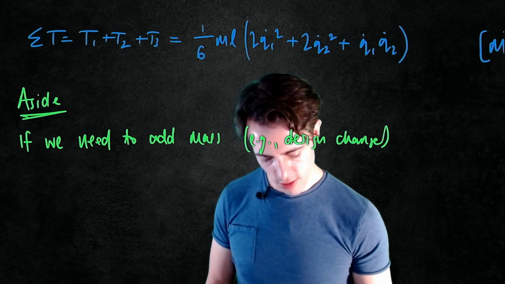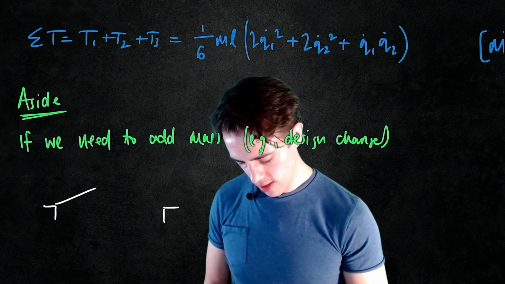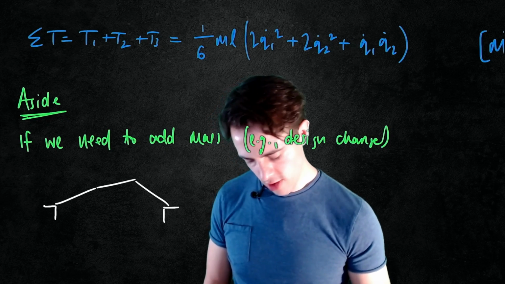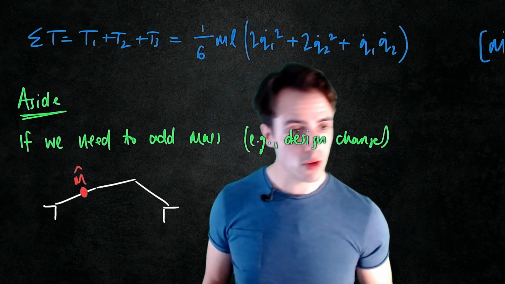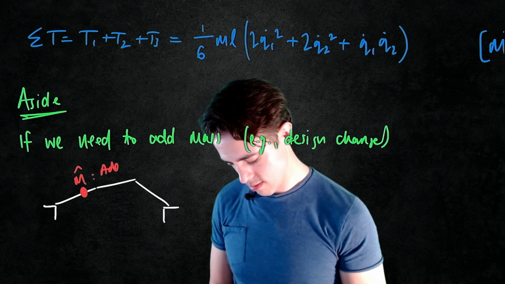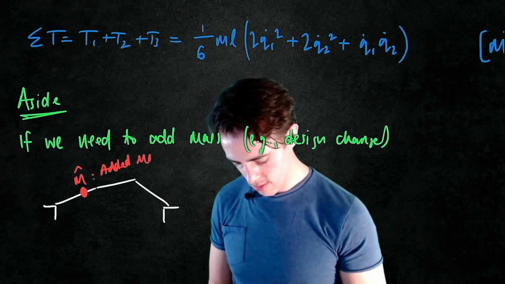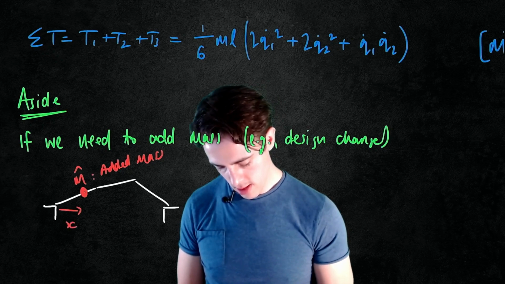So say that with our problem, we have said we've got these three panels and we want to try adding some new mass here, which I'm going to call M hat, just some added mass. And I've added this at this location, X hat.